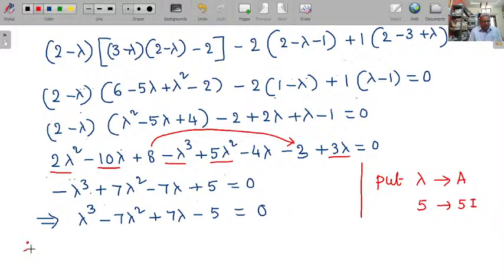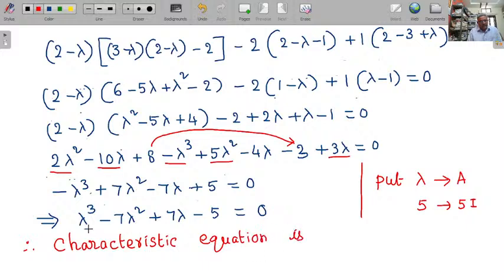So therefore the characteristic equation is, instead of lambda, A, so you will be getting A cube minus 7A square plus 7 times A. Instead of 5, you need to write 5I. So minus 5I equals to 0. So this is the characteristic equation.